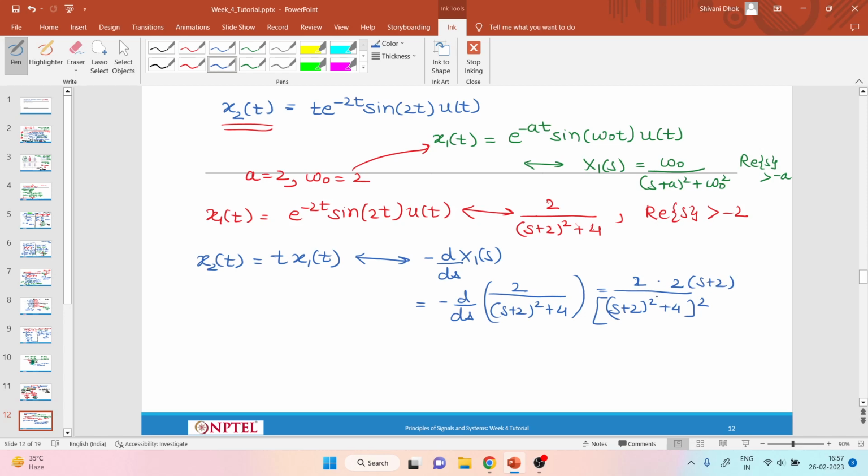So this is the Laplace transform value that we are obtaining. I can simply write x2 of s is equal to 4 into s plus 2 upon s plus 2 square plus 4 whole square, but my region of convergence won't change, so it is real part of s greater than minus 2. So this is the Laplace transform of the given question. Any questions at this point?